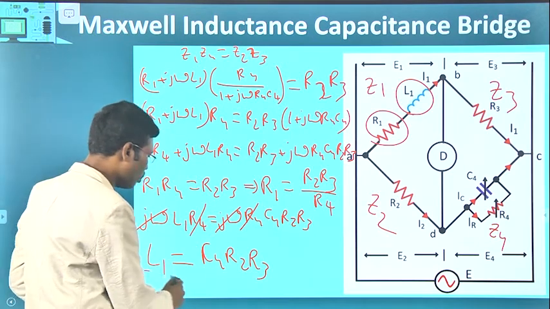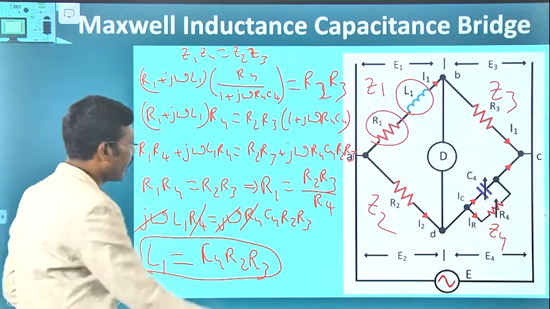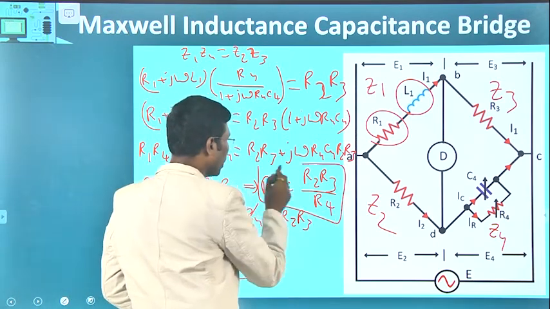So L1 will be equal to C4 R2 R3, and R1 is R2 R3 by R4.